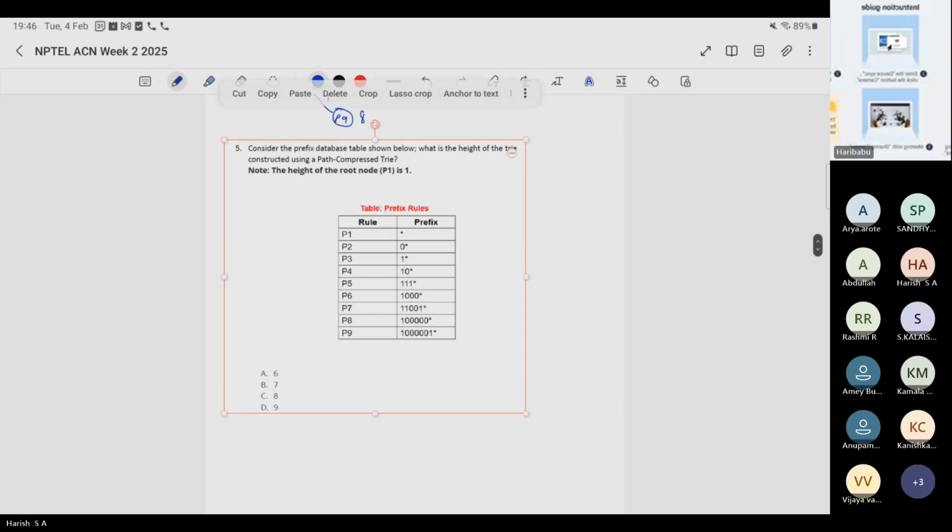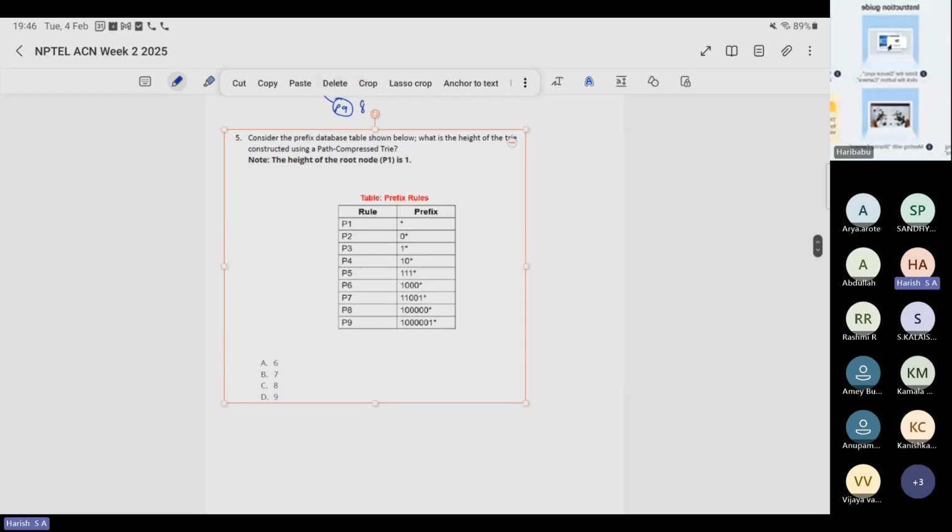Okay. Now consider the same table shown above, but you have to try drawing a path compressed trie for the same tree. Okay, so let's do this.